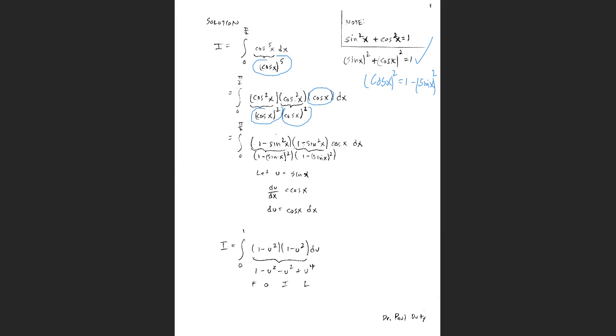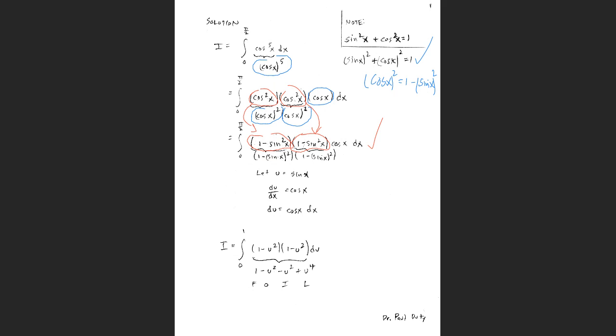So we can replace these cosine squareds of x with 1 minus sine squared of x. And that gets us down to this integral.